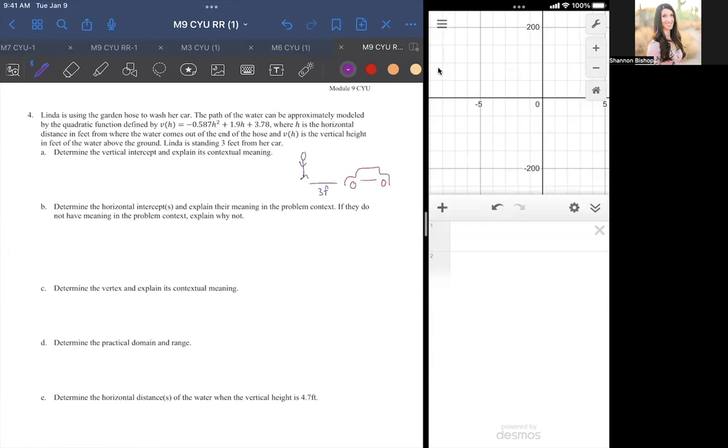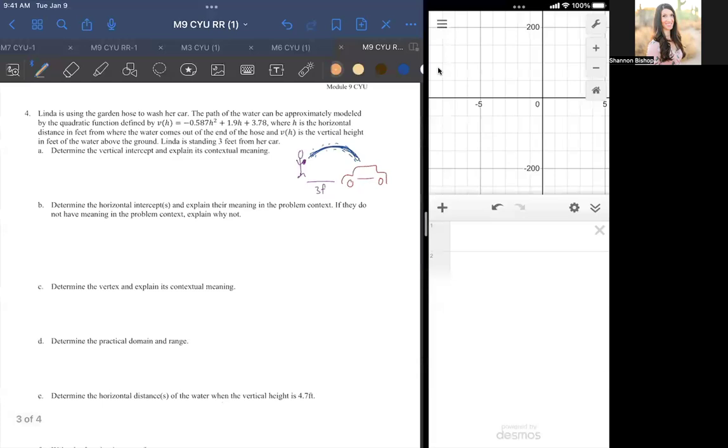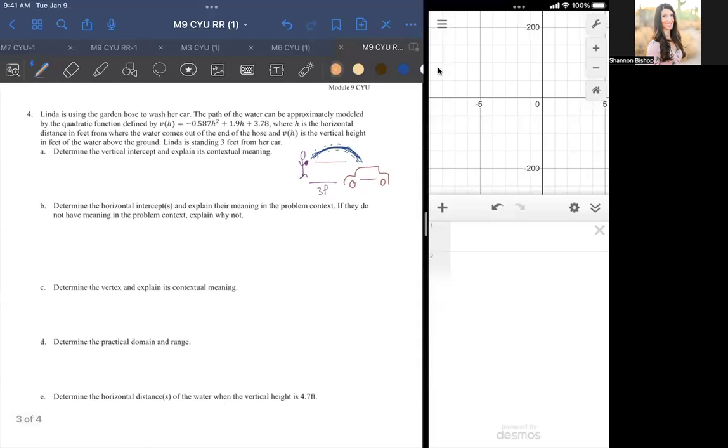And so as she's holding the water hose, and if it's on, the water is going to come out of the water hose and hopefully land on her car, right? Hopefully, we want that water to land on the car. And so the variable h stands for the horizontal distance of that water path.